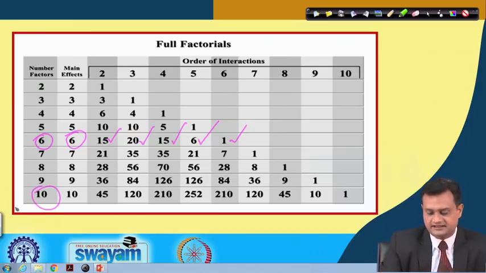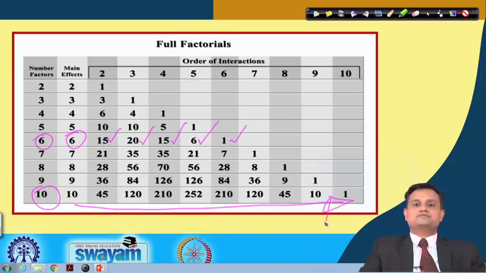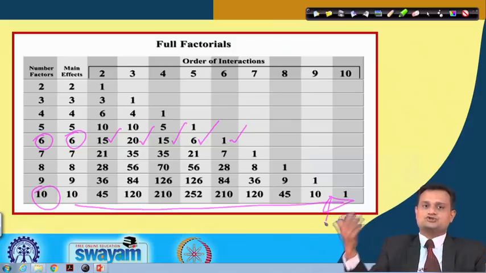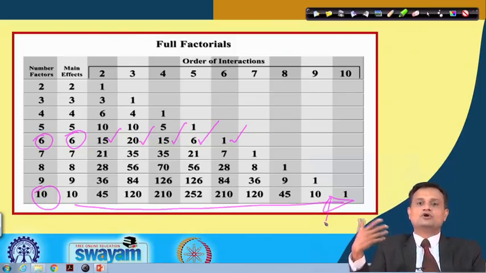If you look at 10 factors, just see how many effects you would have to estimate. It outgrows exponentially, and it is extremely difficult to handle such an experiment where a huge amount of resources, time, machine hours, operators and material is required, and you would not be able to conduct your experimentation smartly and effectively.